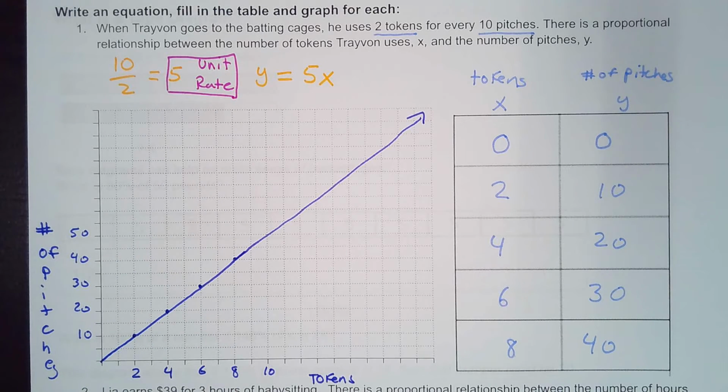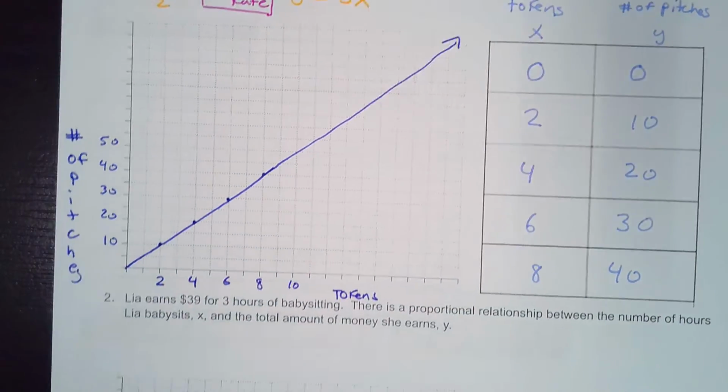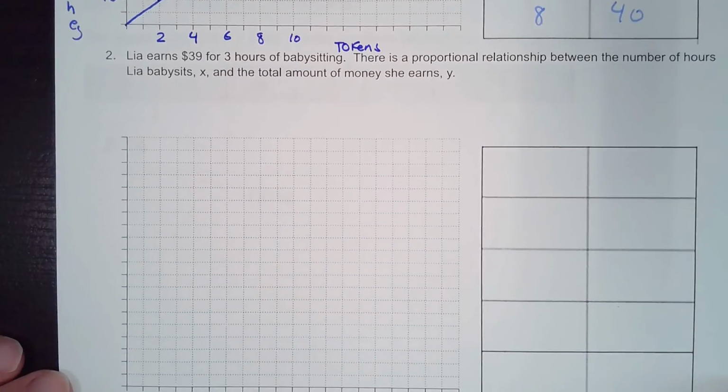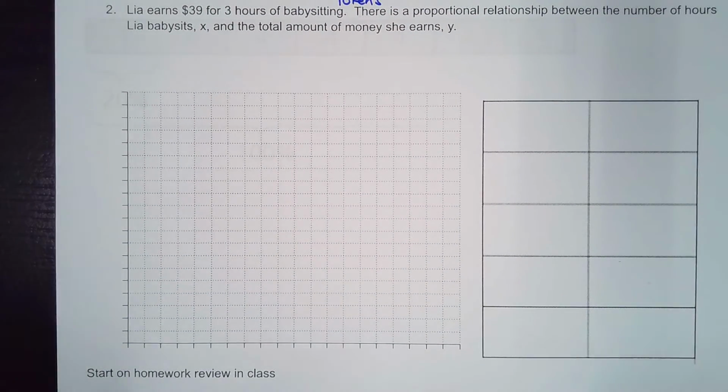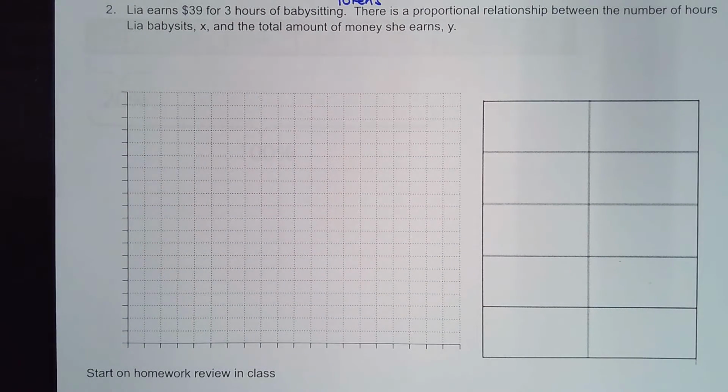So that's an example of how we would take a situation and create a table from it, draw a graph, and find an equation. We'll do one more example down here. So Leah earns $39 for 3 hours of babysitting.